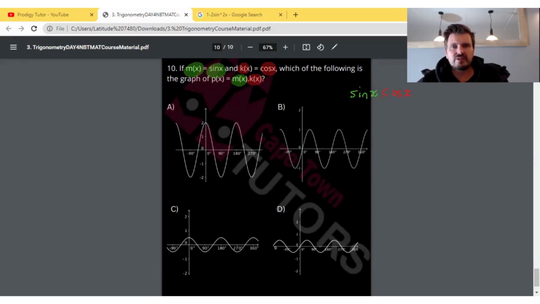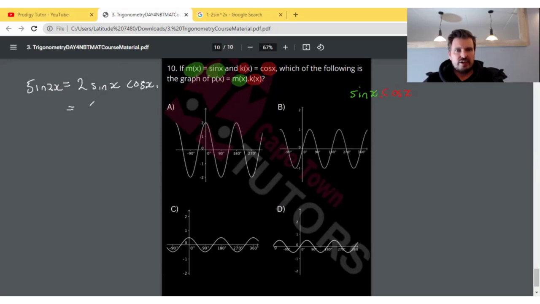Let's write that out. Sine x times cos x. Okay, this is an important rule. We're using it again. Sine 2x is equal to 2 sine x cos x. Okay. So this seems to be coming up a lot. So what can we change this to? Sine x cos x.